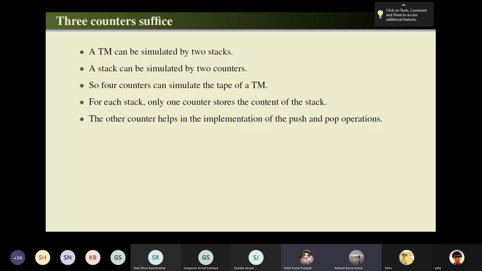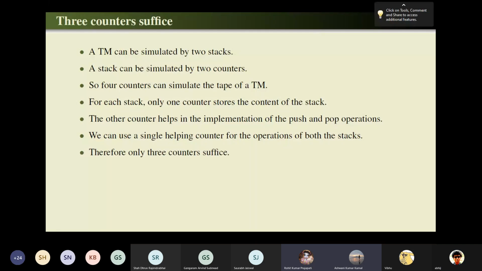And we can use a single helping counter for both these stacks. So that reduces the number of counters from 4 to 3. So only 3 counters suffice. And the final conclusion is that a 3 counter automaton is as powerful as a Turing machine in terms of language recognition.